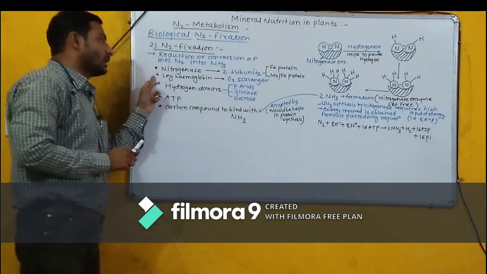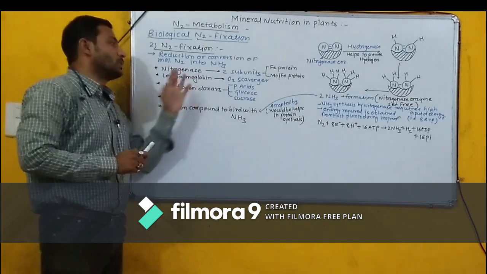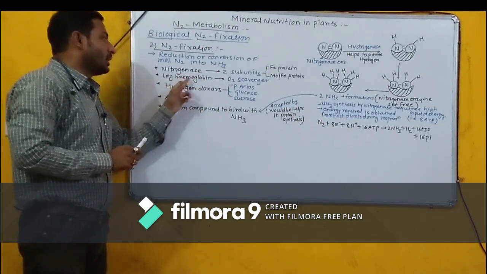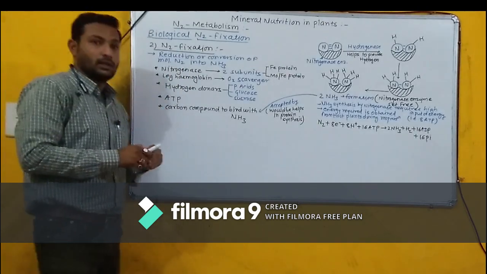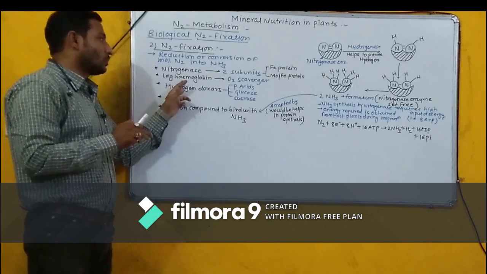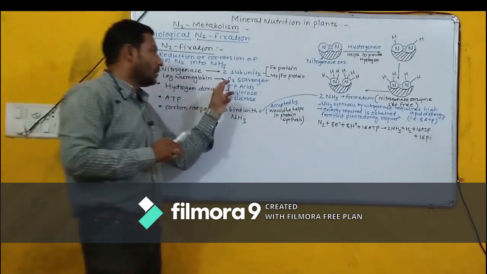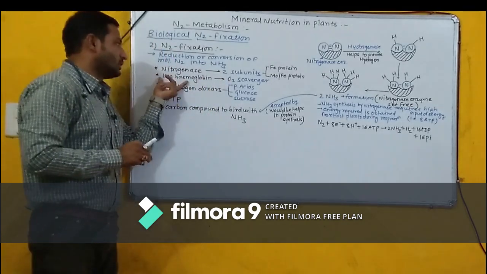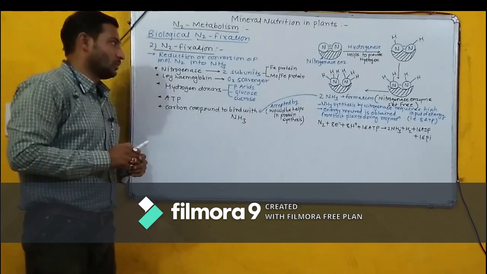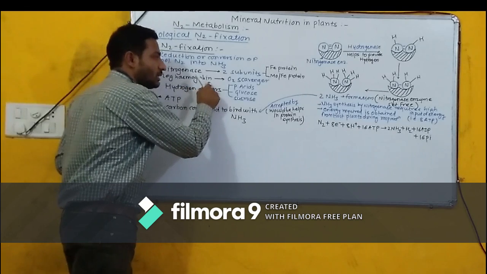Now, the second requirement is leghemoglobin. This leghemoglobin is found in leguminous plants, in the roots or the nodules of leguminous plants. It acts as an oxygen scavenger.